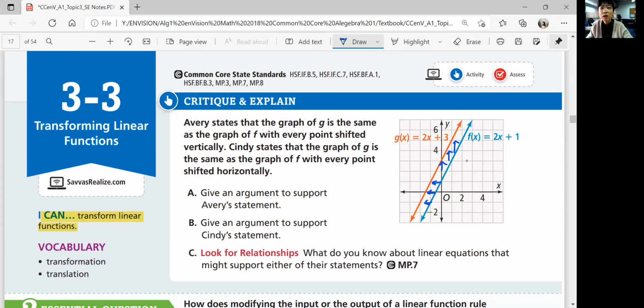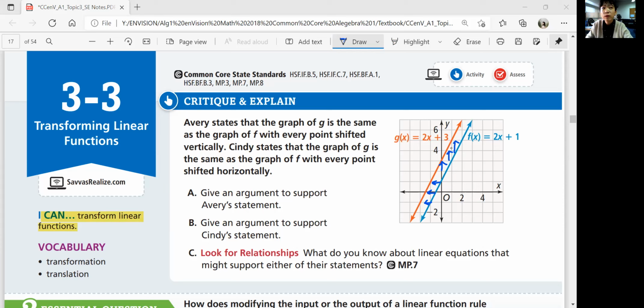Okay, part A. Give an argument to support Avery's statement. Does it look like Avery's statement, the first one, shifting vertically, works? Sure, why not? You see the same slope.